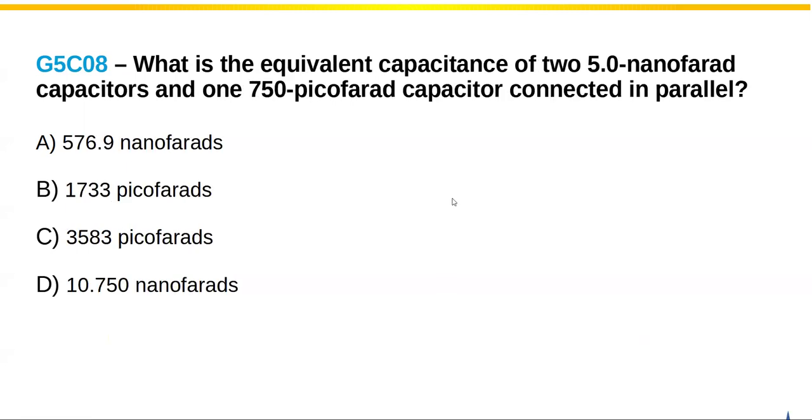What's the equivalent capacitance of two 5 nanofarad capacitors and one 750 picofarad capacitor in parallel? So we got 3 capacitors in parallel. Nanos and picos, so what's your nanos and picos?